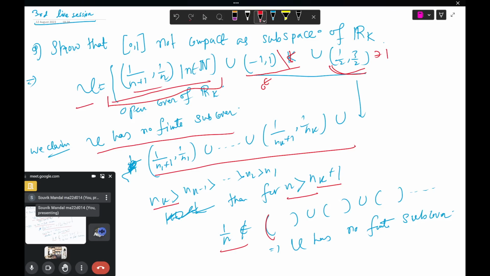Sir, I am assuming this open interval does not contain 1, right? What's the first one containing 1? The first element is (1/2, 3/2), right? So 1 is in it. Oh, yes, sir. Got it.